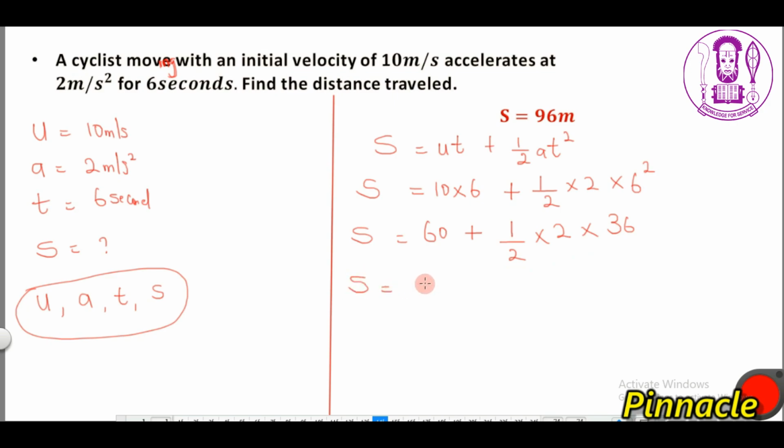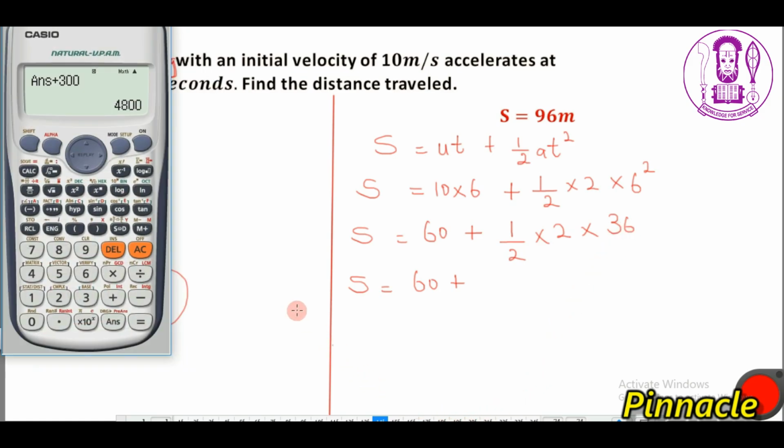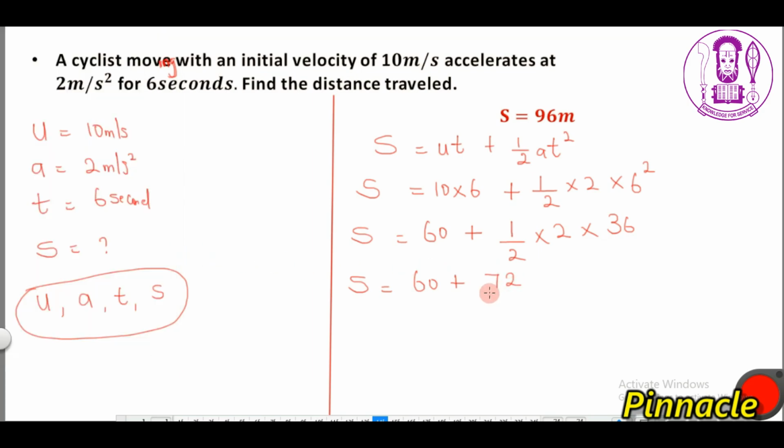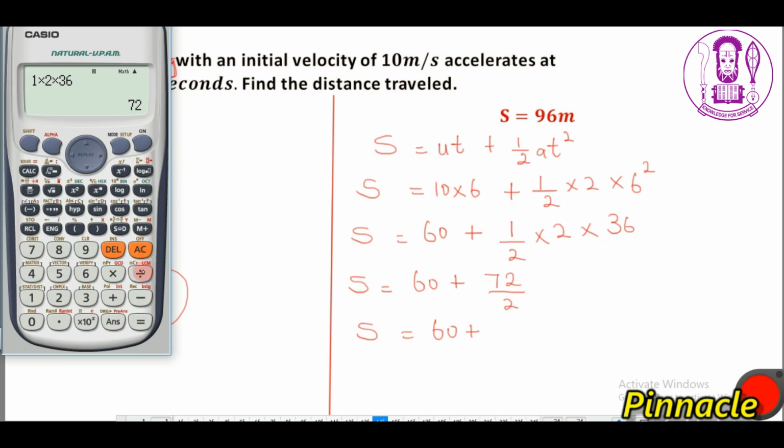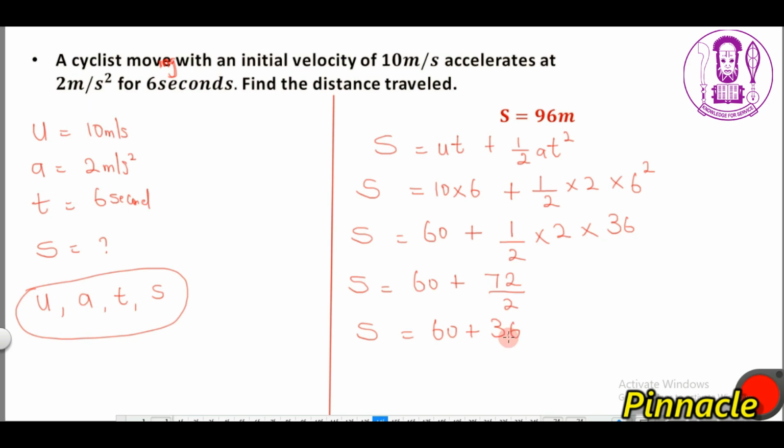So my S will be equal to 60 plus 1 times 2 times 36. What will that be? 1 times 2 times 36 will be equal to 72, so this will be 72 all over 2. So my distance S will be equal to 60 plus 72 divided by 2. 72 divided by 2 is equal to 36.